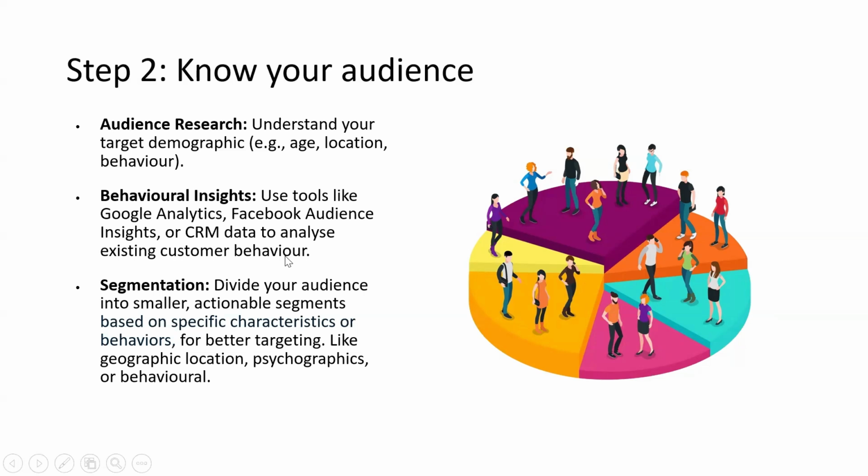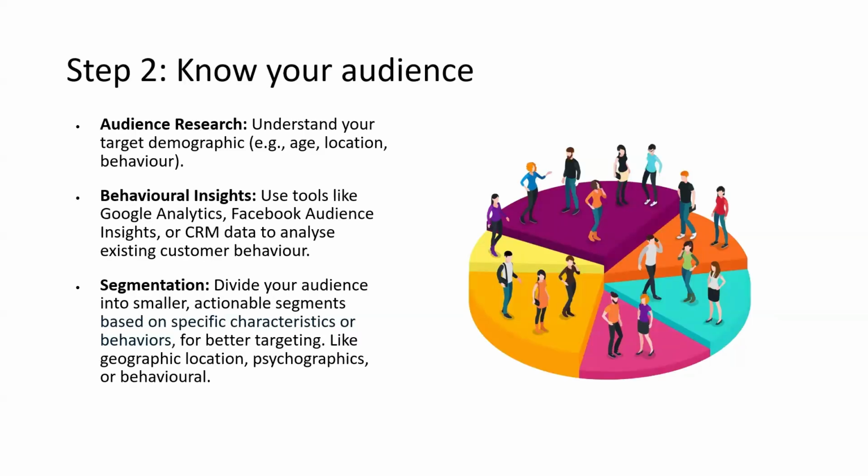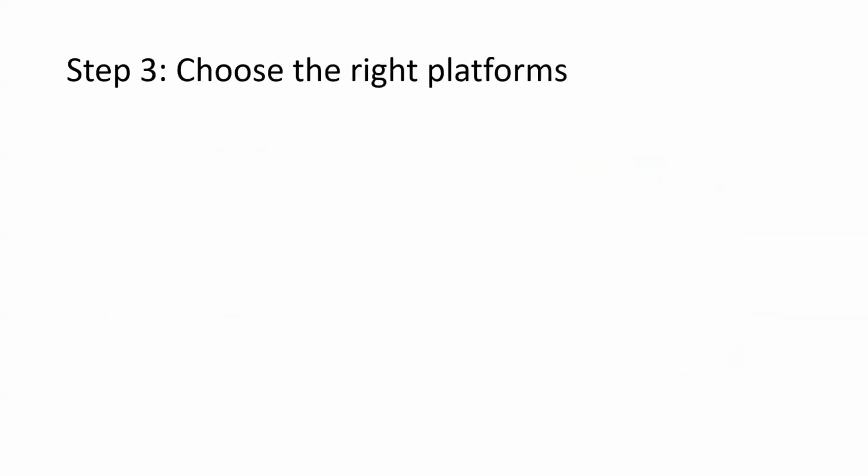So we can divide the audience into smaller actionable segments, which is called segmentation, by the way, based on specific characteristics or behaviors for better targeting. It could be geographic location, or psychographics, values and attitudes of our target audience, or the behavior that they exhibit.